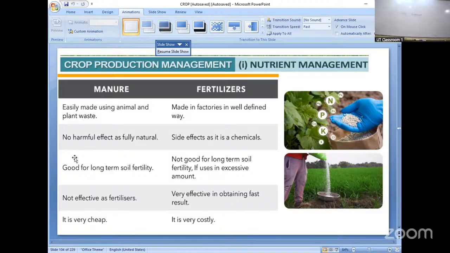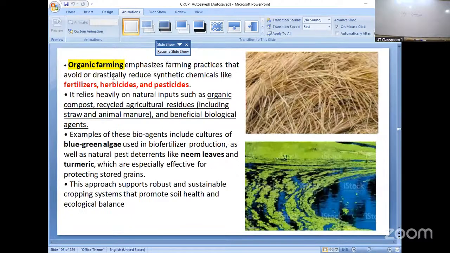Whereas manures, though not as effective as fertilizer, are cheap. They provide fertility to the soil. There's no side effect for the manures, so manure should be used.